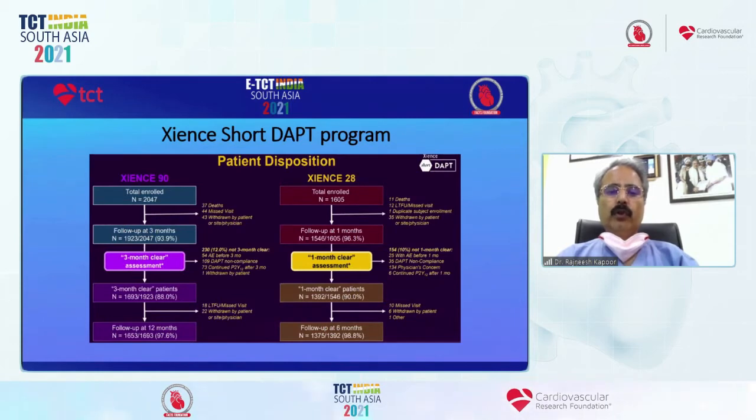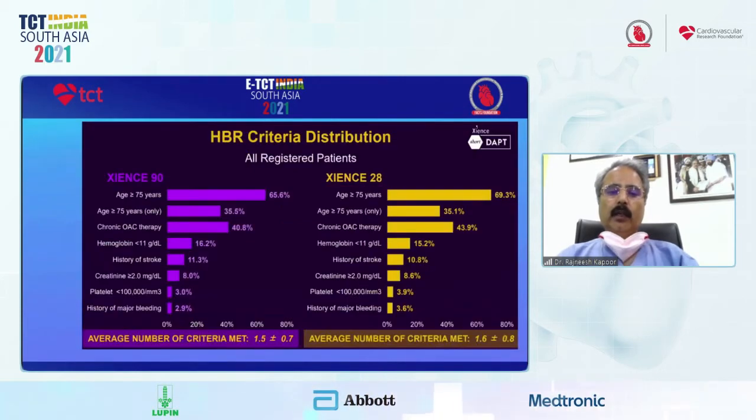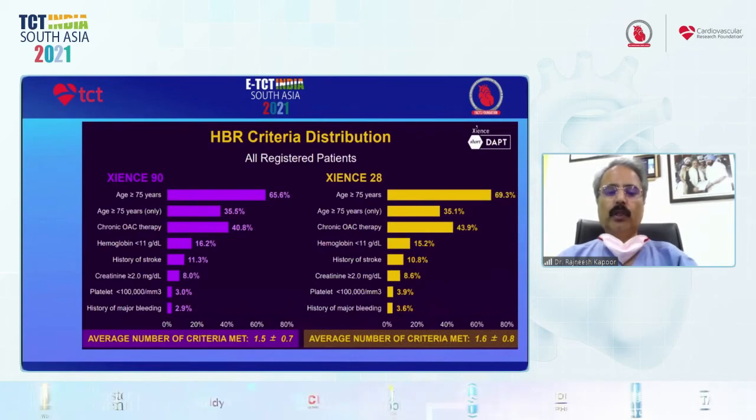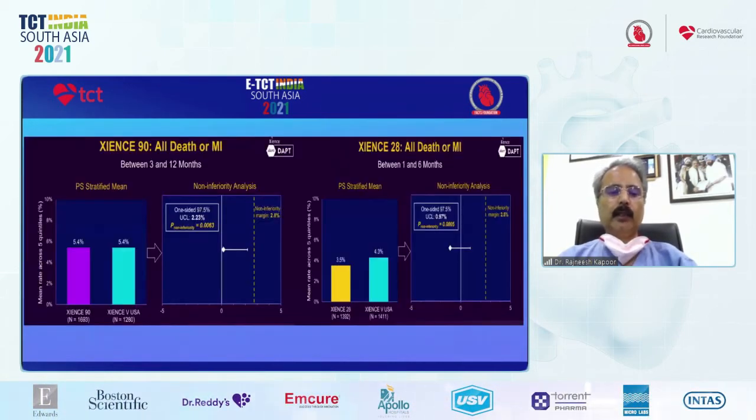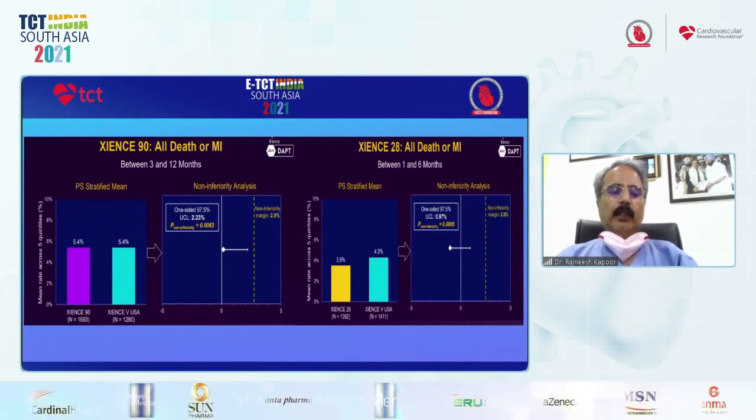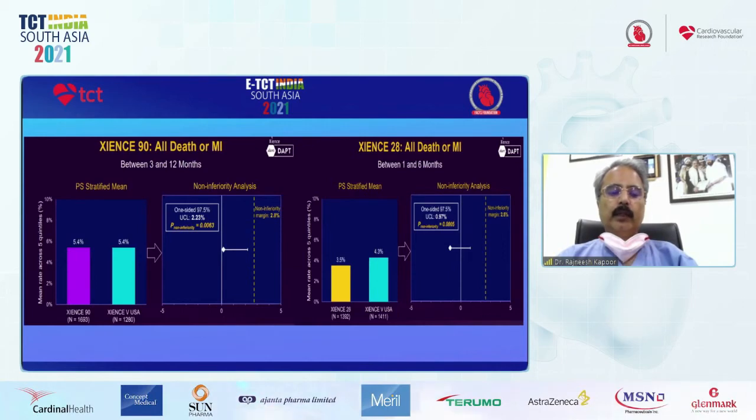And then we also have data for Zines stent, Zines short DAPT program, Zines 90 and Zines 28. There was some difference as we talk of inclusion criteria of Onyx 1 and Zines programs like this. I'll talk about that. Now Zines 90, once we talk that after 90 days, the DAPT was switched over to single antiplatelet.